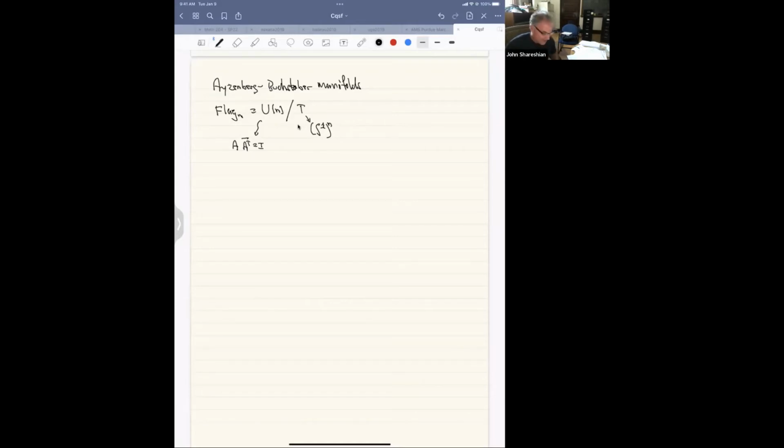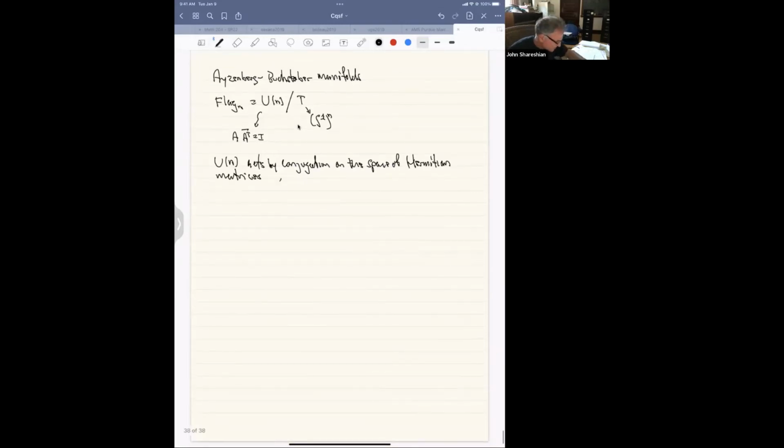And now I want to say that U_n acts by conjugation on the space of Hermitian matrices. So that just means that X equals its conjugate transpose.